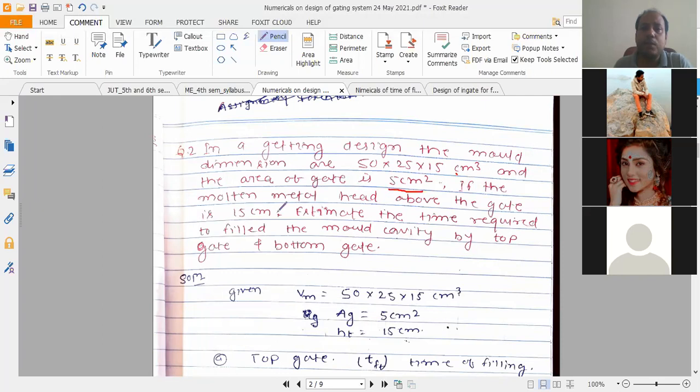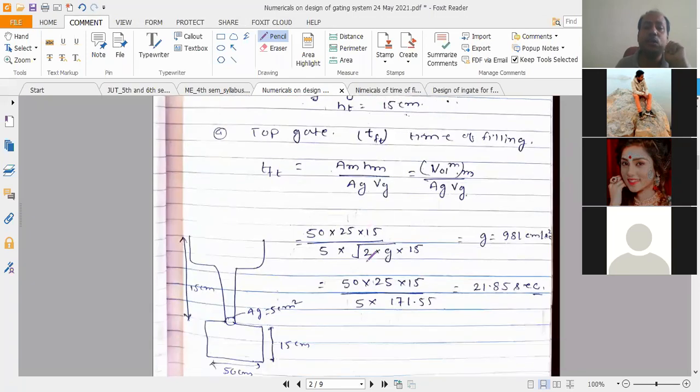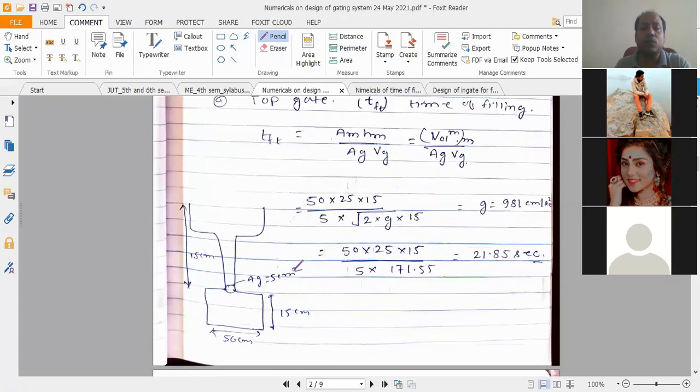If the molten metal head above the gate is 15 सेंटीमीटर, गेट के above का जो हाइट है वो 15 सेंटीमीटर है, estimate the time required to fill the mold cavity by top gate and bottom gate. इसमें क्या है कि टॉप गेट और बॉटम गेट दोनों का फॉर्मूला लगाकर हमें टाइम ऑफ फिलिंग निकालना है, जब टॉप गेट रहेगा और जब बॉटम गेट रहेगा। तो let us look how the question will be.